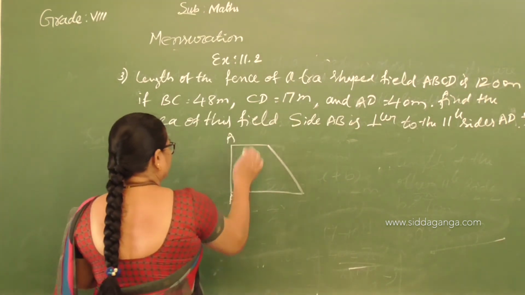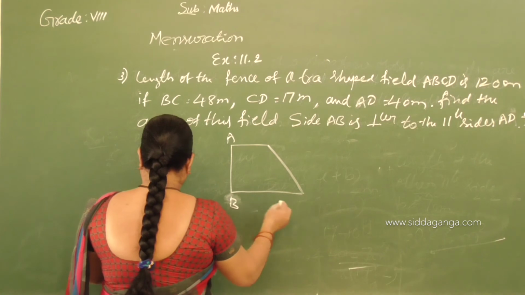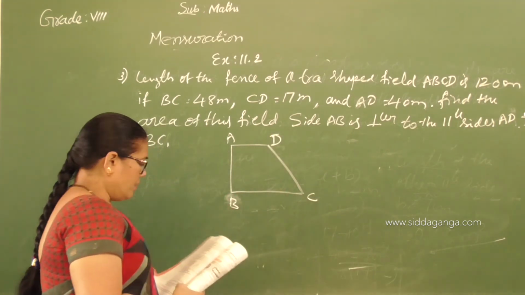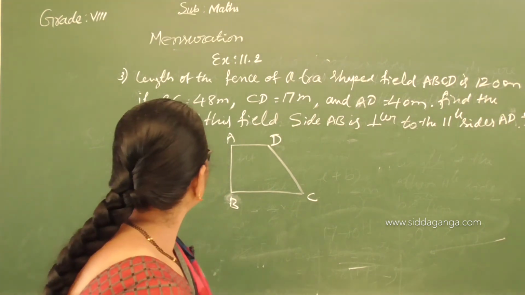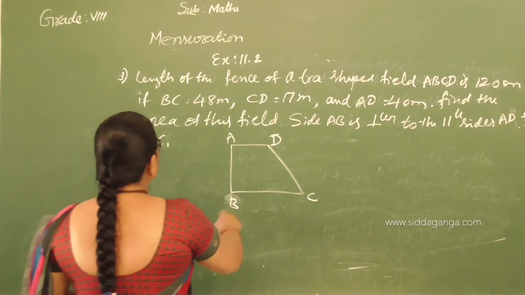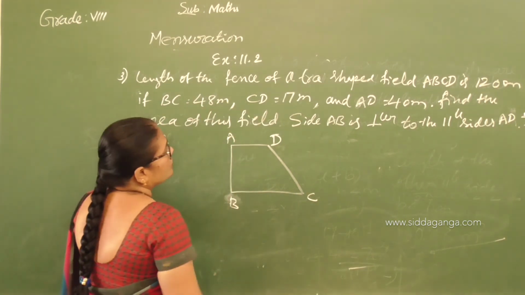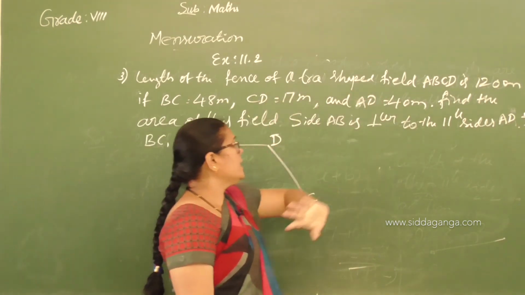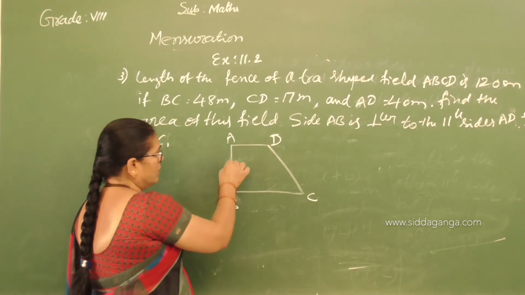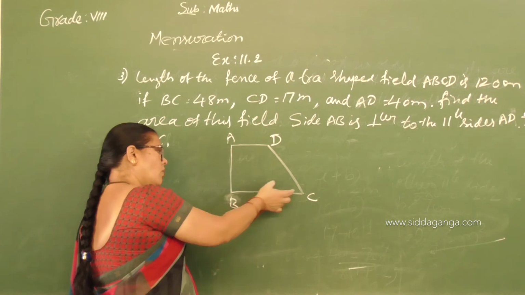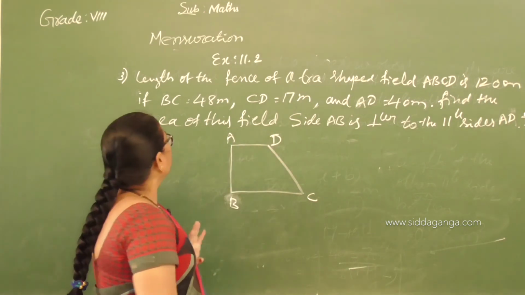A, B, C, D. This is the trapezium shaped field. ABCD is a trapezium shaped field. The fence of a trapezium shaped field ABCD is given. That means perimeter is given. The sum of all the sides is equal to 120 meter.